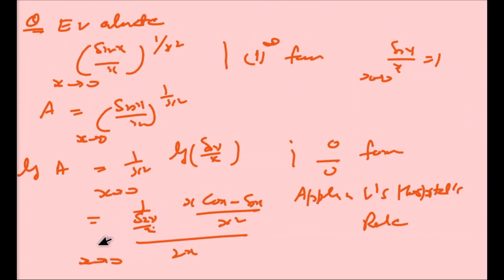Okay, so after simplifying this we get x upon sin x, x tends towards 0, into x cos x minus sin x upon 2x cube.